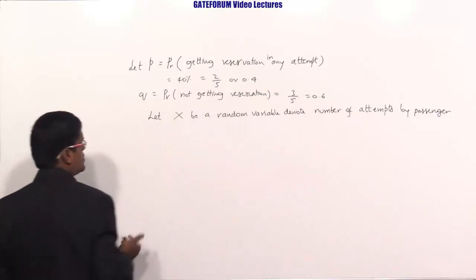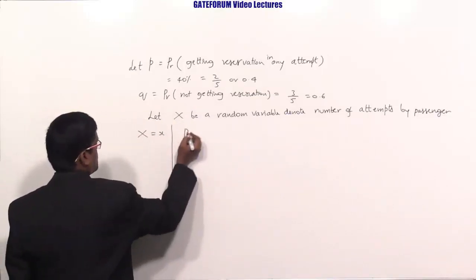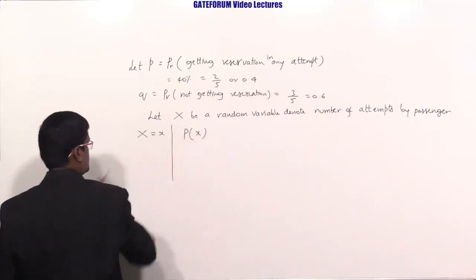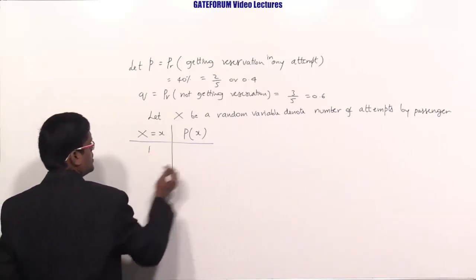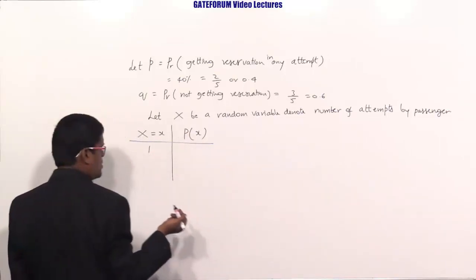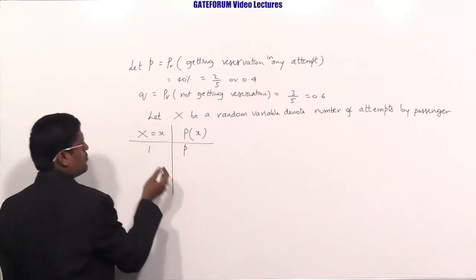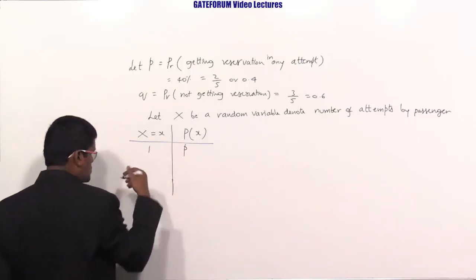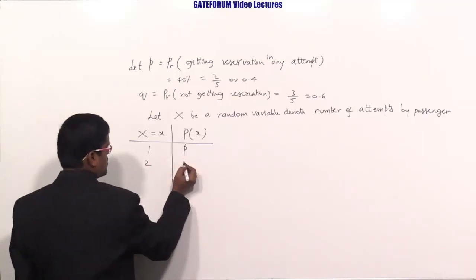So now X and probability of X, this is the table. If we attempt in 1, that means he will get a seat reserved whose chance is denoted by small p. If we do not get in the first attempt, he has to try the next attempt, that is X takes the value 2. So the outcome is here QP.